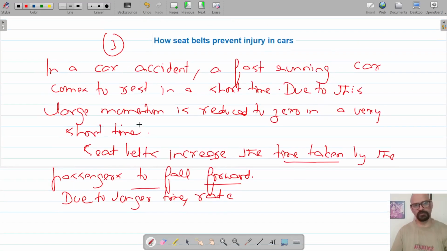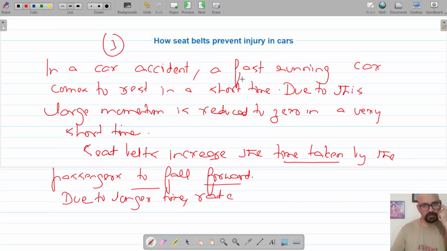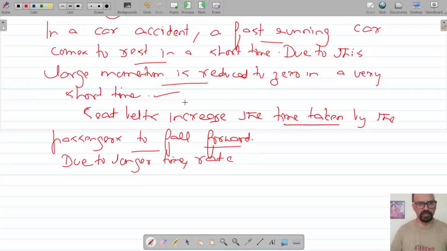So there are two cases. The fast running car is in an accident and comes to rest. Its large momentum is reduced to zero in a very short time, so there is a large impact on the passengers. If they're not wearing seat belts, they may get fatal injury. The seat belts increase the time taken by the passengers to fall forward. Due to this longer time, the rate of change of momentum is reduced.